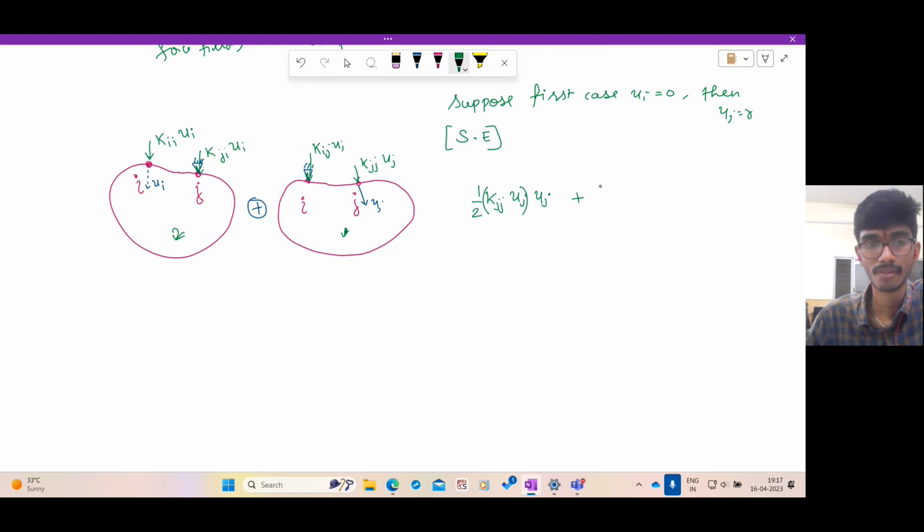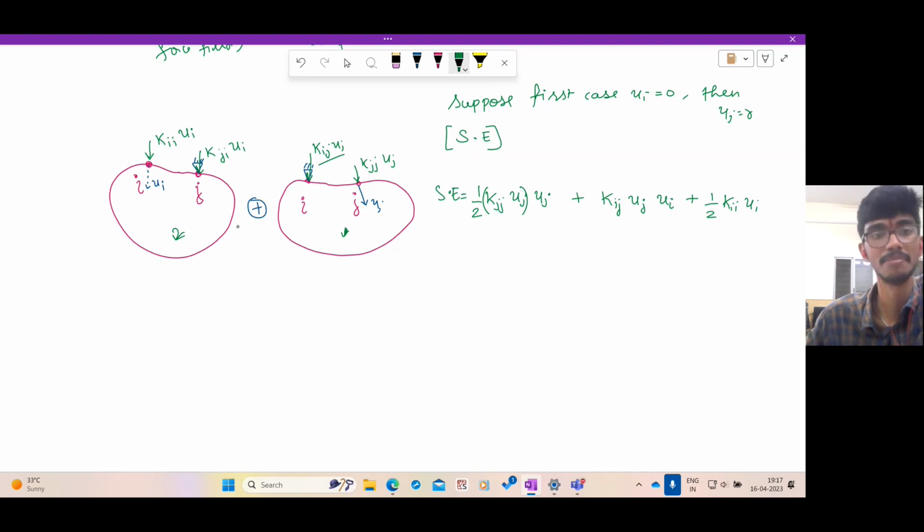So you release this and you do this. In that case, there is an existing force kij uj acting on the displacement ui, and there's no half because it is already existing. It is not increasing as ui is increasing. Plus you have the other force, which is kii ui. So this is the strain energy of the body.